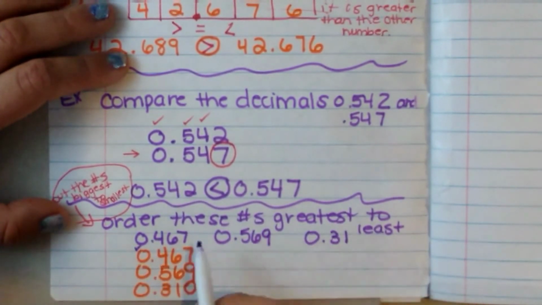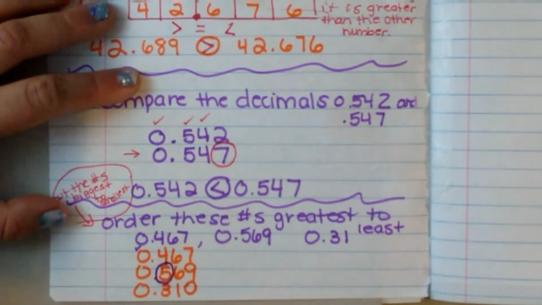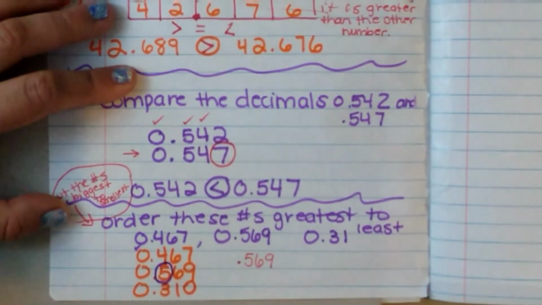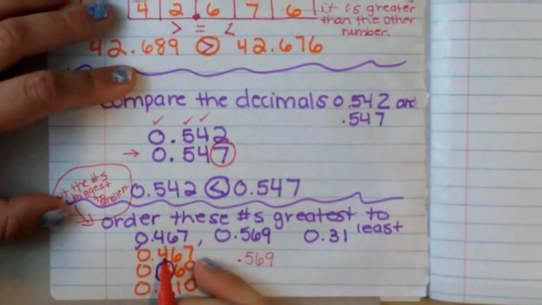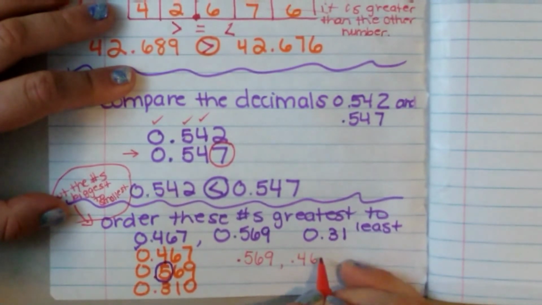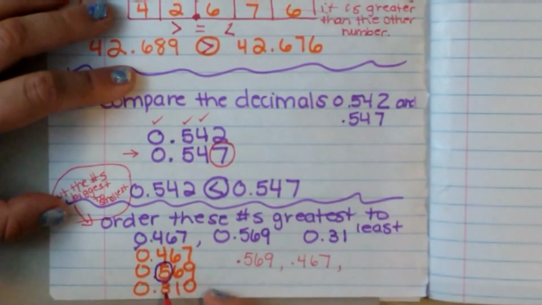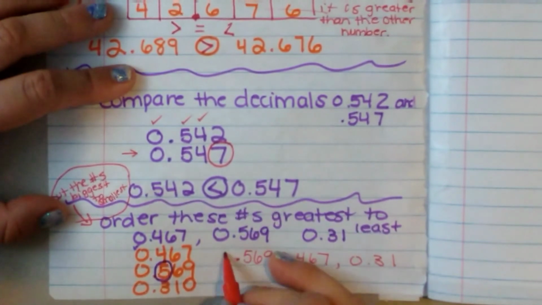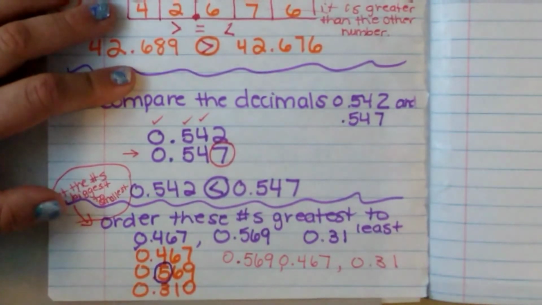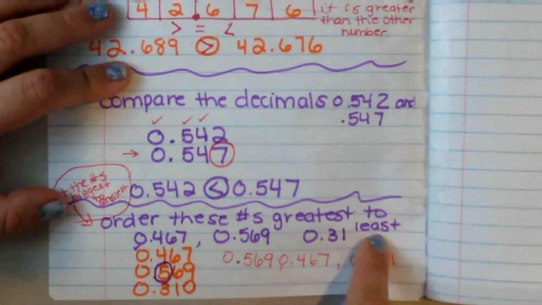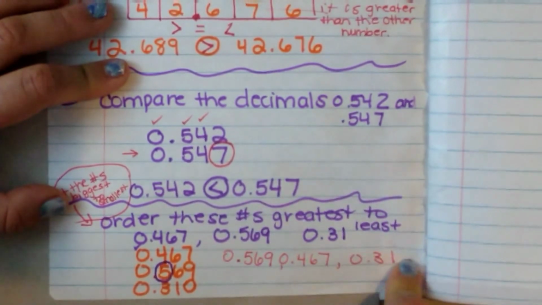These are the same. These are not the same. So this one's largest, so it's going to be 569 thousandths. The next largest is the 4, and the next one is the 3. There we go. That would be the greatest, largest to the smallest. Now, if they say least to greatest, you'd have the smallest and work your way up.